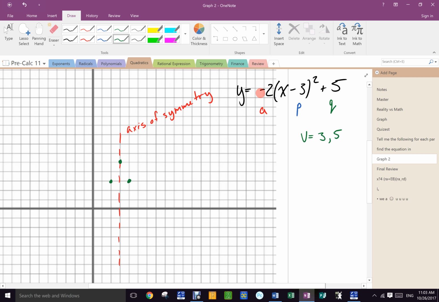But this tells me I'm going down double, which is what? So over 2 and down 8. 2, 4, 6, 8. 2 away from the axis of symmetry, there's a dot at that y value. So what must live right here? Another dot. And I get this parabola. Is everybody okay? Yeah? Everybody's cool?